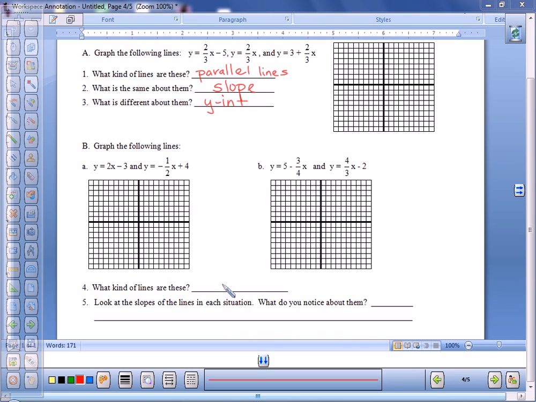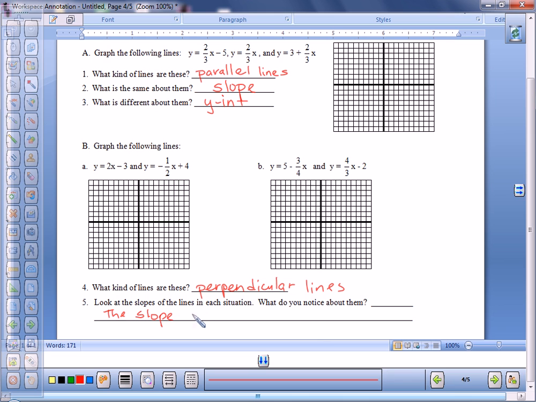On this one, what kinds of lines were these? These were perpendicular. All right, what did you notice about the slopes of these lines? Opposite reciprocals. Good. Nice, there it is.